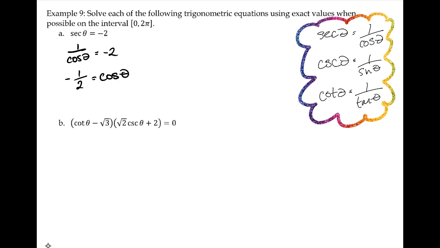And so once I have this statement, this is a statement that I can work with. This looks like something that I've worked with in the previous examples, in the previous video, and it's definitely on the unit circle.